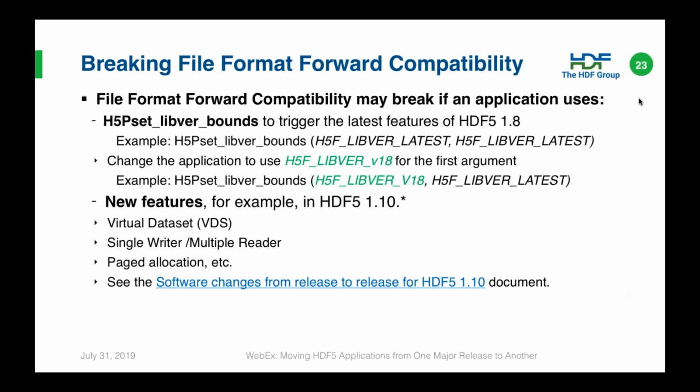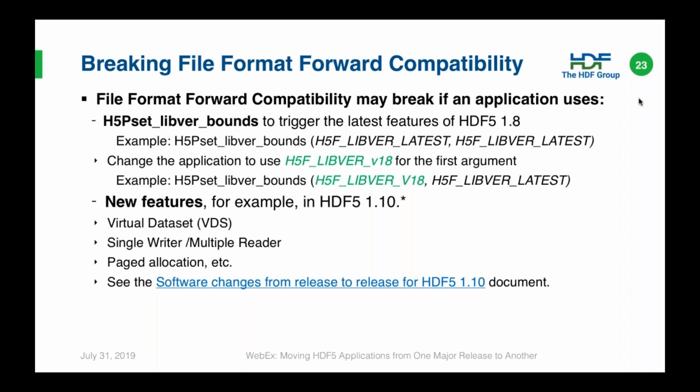For example, in 1.10, virtual datasets required file format changes, single writer multiple reader access required file changes, page deallocation, and other improvements. They are clearly marked in the documentation with a red asterisk, so we warn our users.